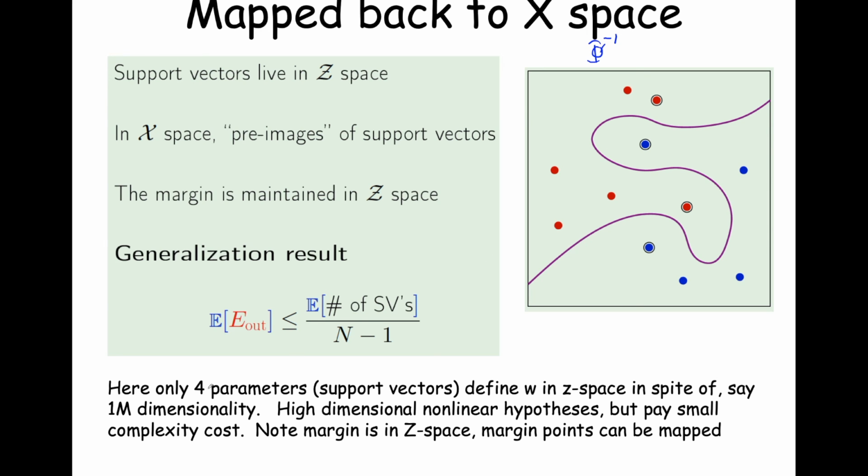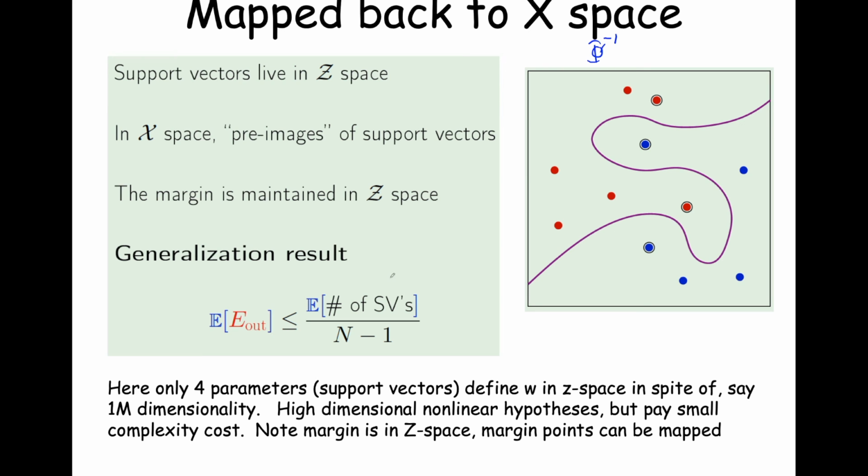And so a generalization result for this nonlinear case says that our expected out-of-sample error is at most proportional to the number of support vectors divided by n minus 1.